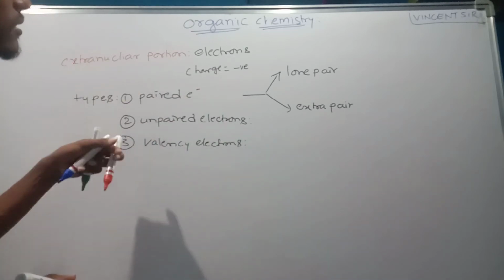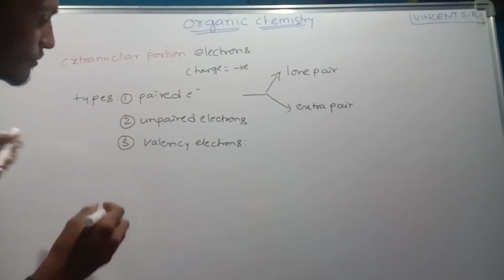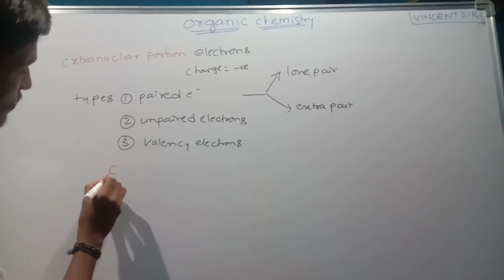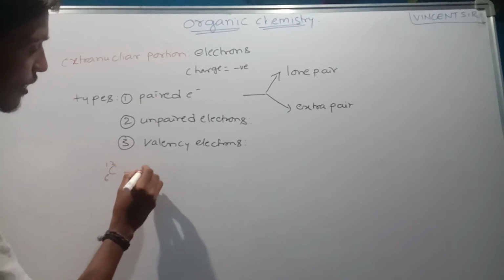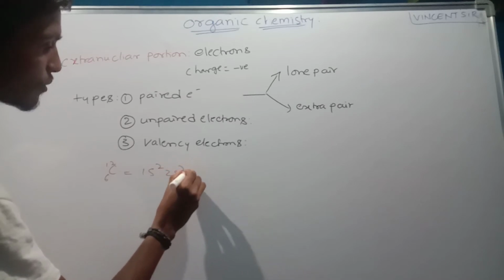Then how to identify various types of electrons in a given element? For example, consider carbon. Electronic configuration 1s2, 2s2, 2p2.